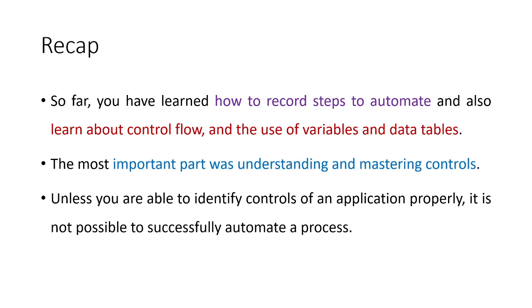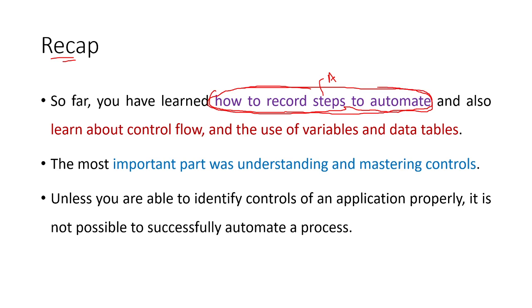Clear? So first we shall start with a recap. So far we have already learned how to record the steps to automate the task, right? Steps means here human steps performed on the application. We know how to record the steps performed by a human being while automating the task.